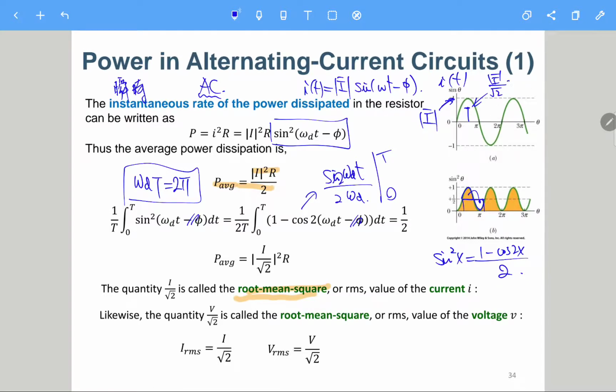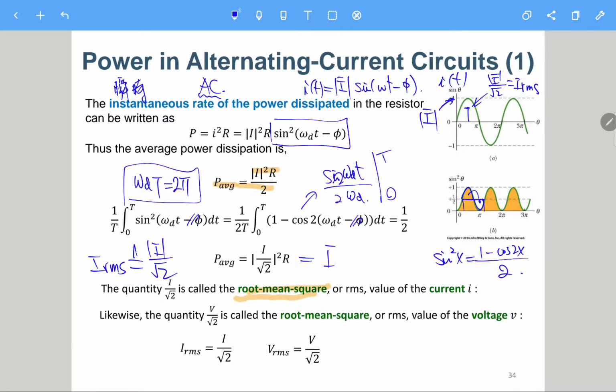This is what we call the I root mean square value. So now we define I root mean square to be I over square root of 2.